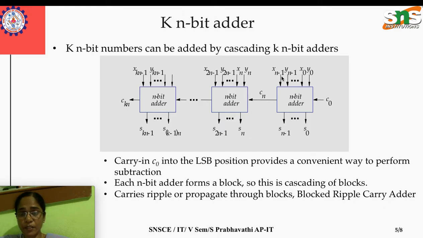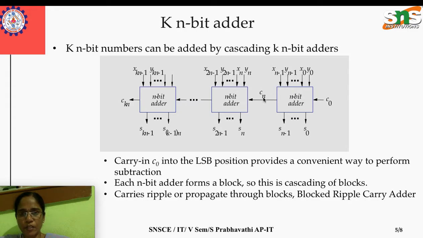Let me explain the inputs and the outputs here. The n-bit adder takes 3 inputs: one is the carry, and the other two inputs are x and y, each of n bits. So y0 to yn minus 1, since it starts from 0, it should end with n minus 1, totally n bits. Likewise x0 up to xn minus 1.